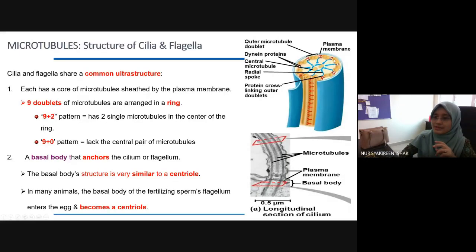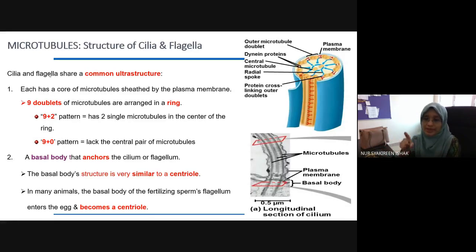So this is the microtubules, and they are covered by plasma membrane. Why? Because it is part of a cell, and obviously a cell will have a plasma membrane. But the arrangement of the microtubules that form the cilia and flagella is different from the arrangement of microtubules that make up the centrioles of the centrosome. Tadi centriole of centrosome, 9 triplets of microtubules arranged in a ring.